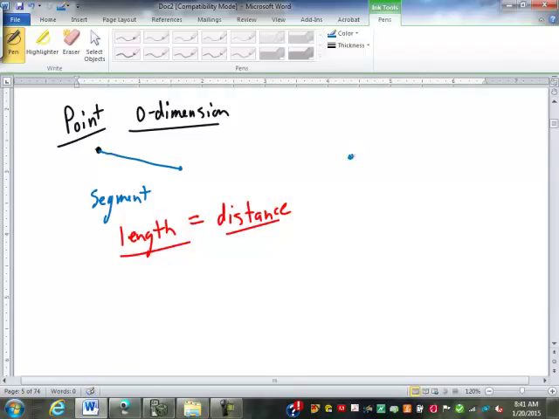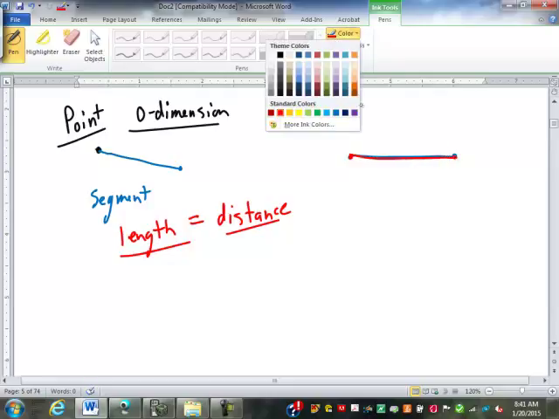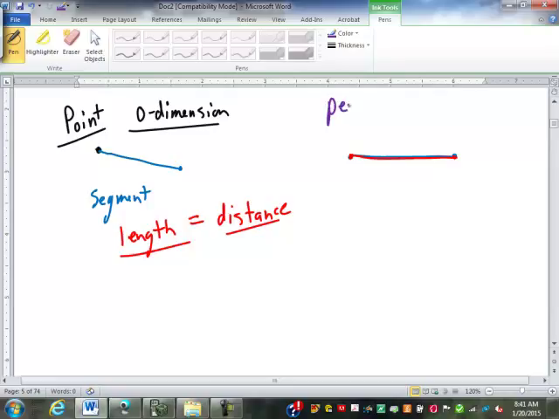From there, we can take that line segment and we can move it again. What we have to do is we have to move it what's called perpendicular. What perpendicular means is it has to be at a right angle or totally different direction, like east is perpendicular to north or up is perpendicular to west and so on.